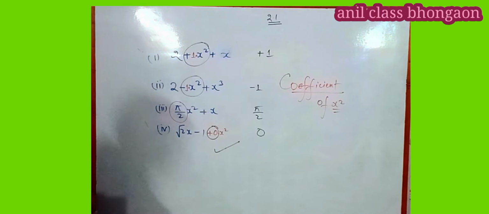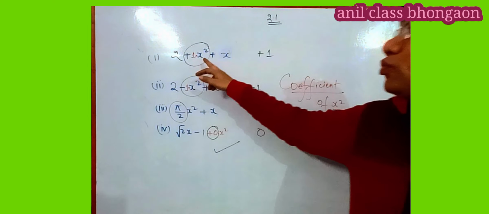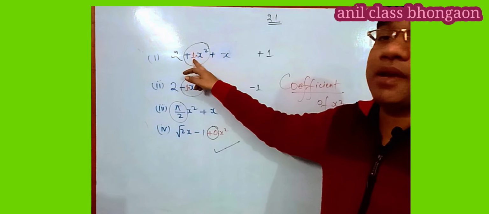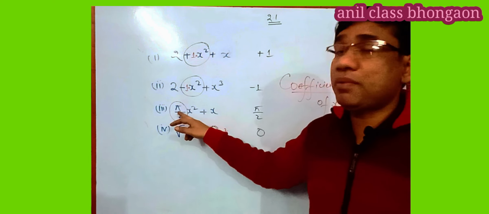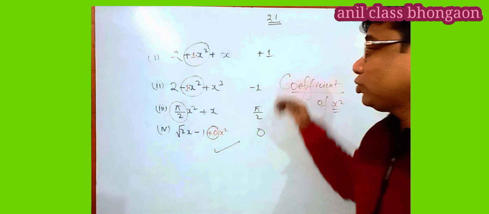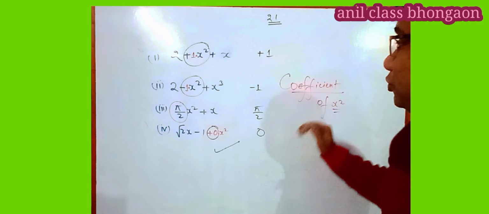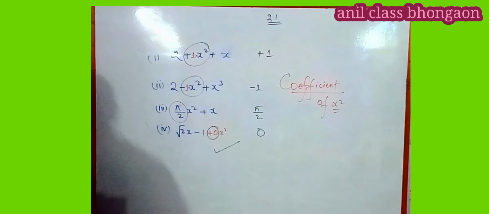This is the coefficient of x square. x square is multiplied by 1, x square is multiplied by minus 1, x square is multiplied by pi by 2, and x square is multiplied by 0. So this is the question. You understand what the coefficient is, and we can follow the next one.